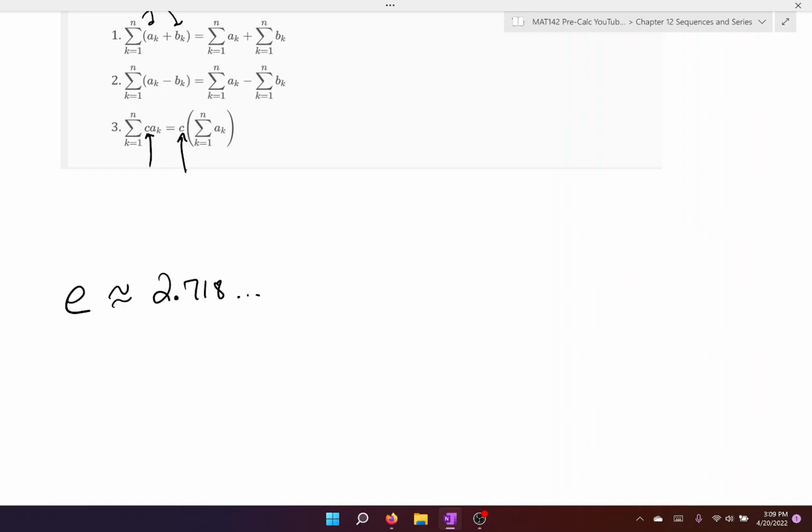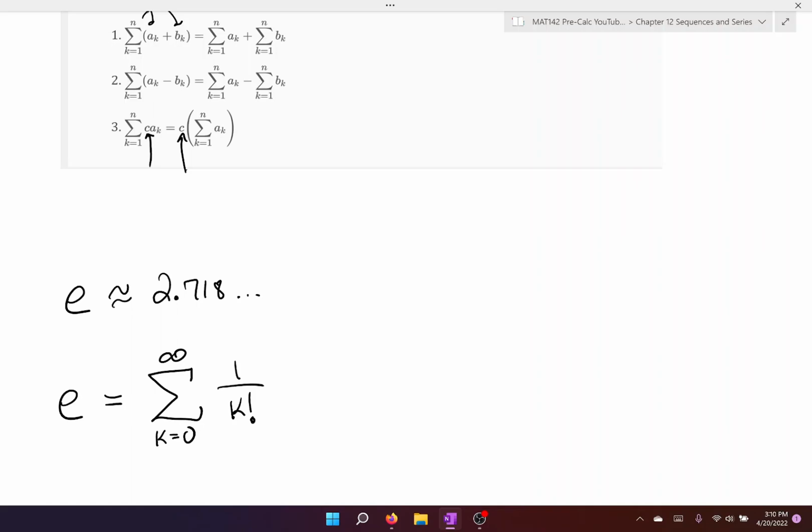But e can be rewritten as the summation from k equals 0 to infinity of 1 over k factorial. And this will start to generate not only the number e, but all the decimal places, and it all depends on how many partial sums or terms you want. So you can use this to your advantage to start generating numbers.